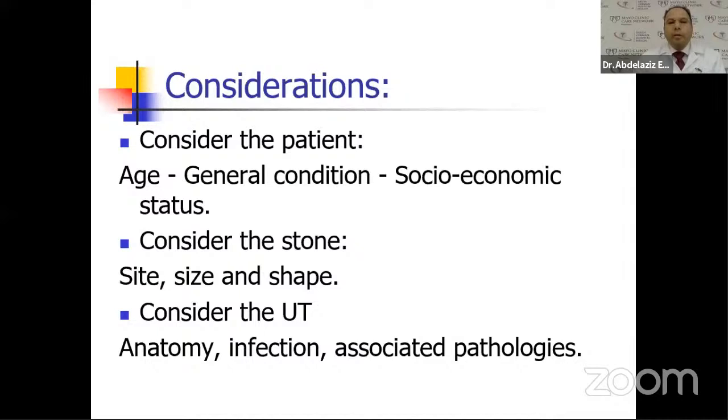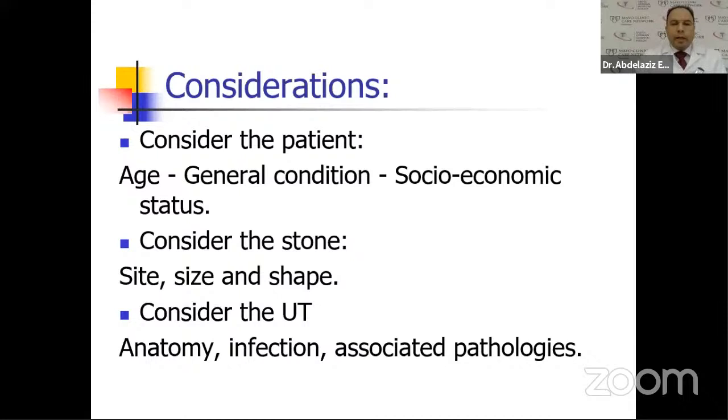Number one, patient consideration: age of the patient, general condition of the patient, socioeconomic standard of the patient. Also, the stone consideration, like size of the stone, shape of the stone, also density of the stone in the X-ray.